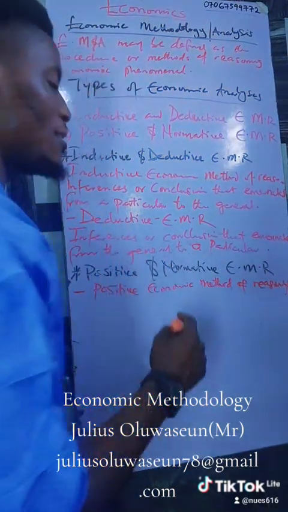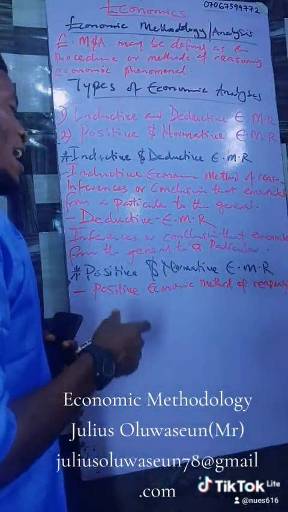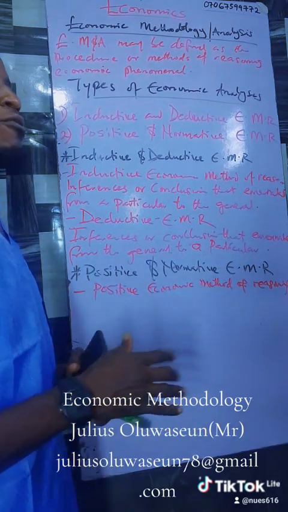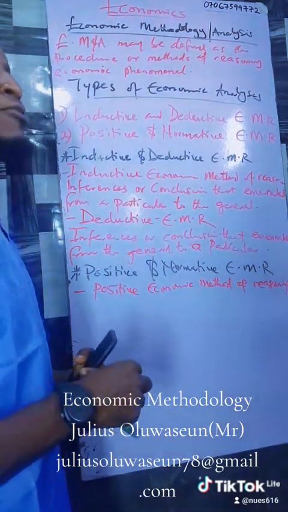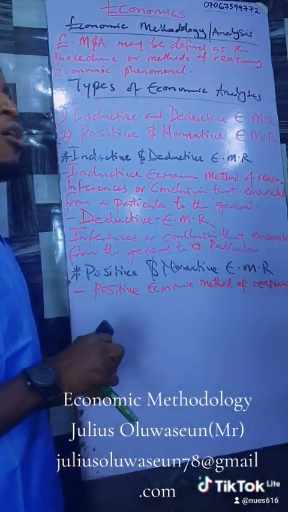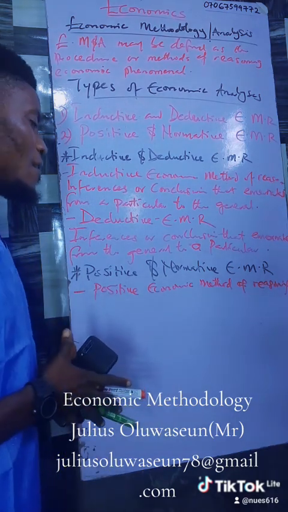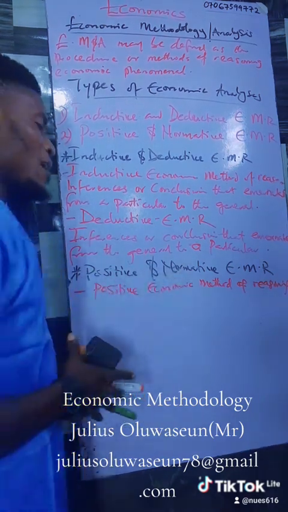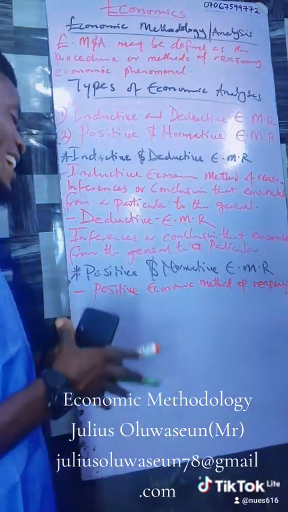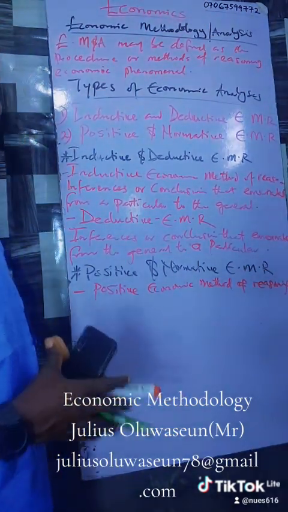Okay. Now, when we are talking about the positive and normative economic method of reasoning, we are actually talking in terms of the modern economic analysis. Is that again? Because both the positive and the normative economic method of reasoning are the standard modern economic analysis, right?